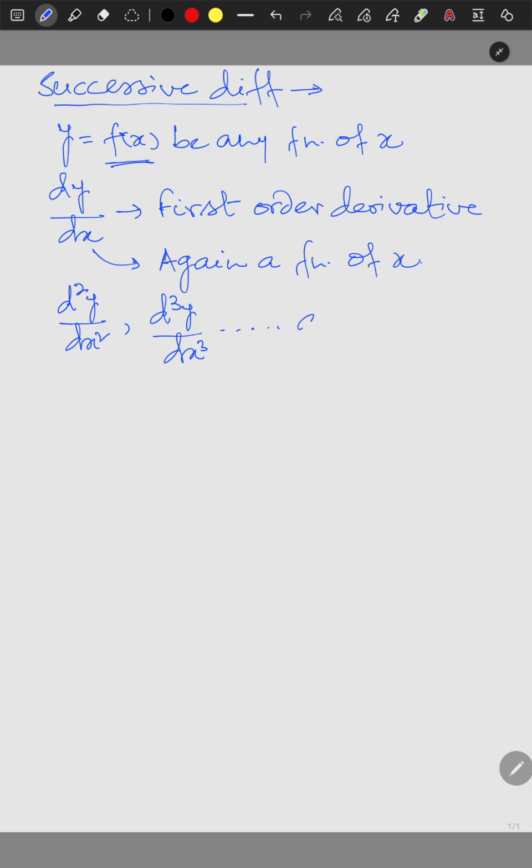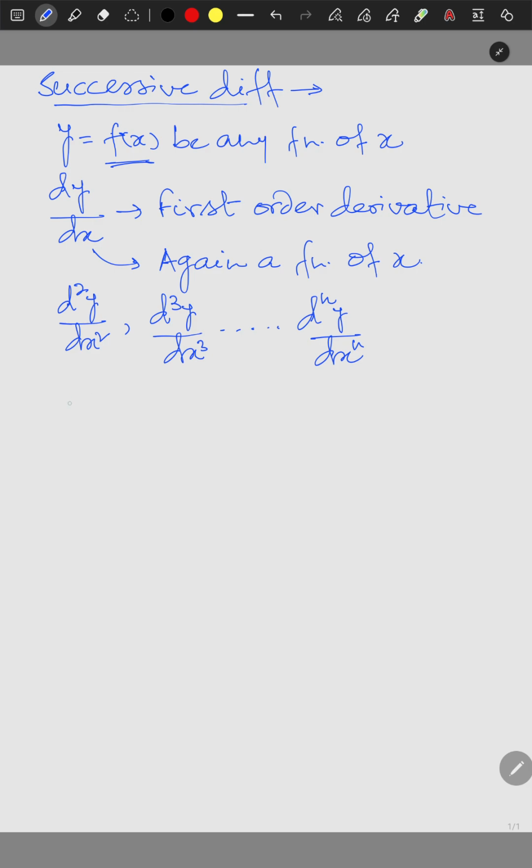In general, we can talk about the nth order derivative of the function y with respect to x. So the process of differentiating a given function of x or any independent variable again and again is known as successive differentiation.